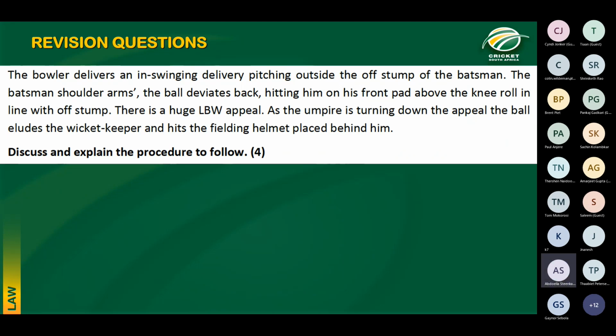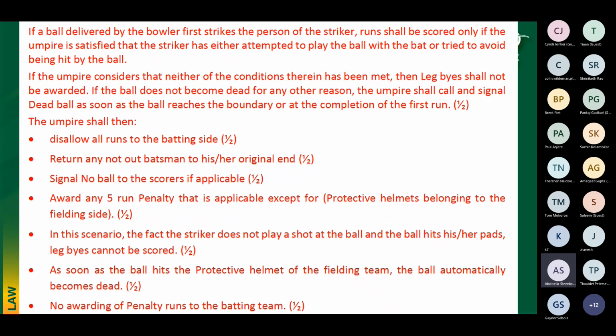So firstly, we need to cover what the law says if the ball strikes the pad, and when runs shall be allowed and not allowed. In this case, for the ball delivered by the bowler, a run shall only be scored if the umpire is satisfied that the striker attempted to play the ball with the bat or tried to avoid being hit by the ball.